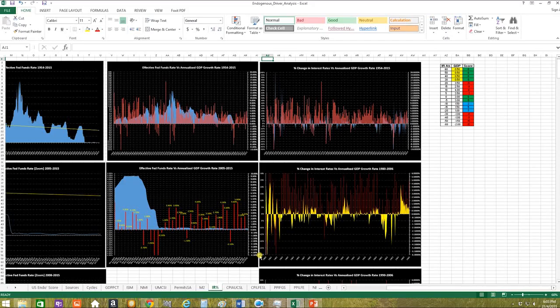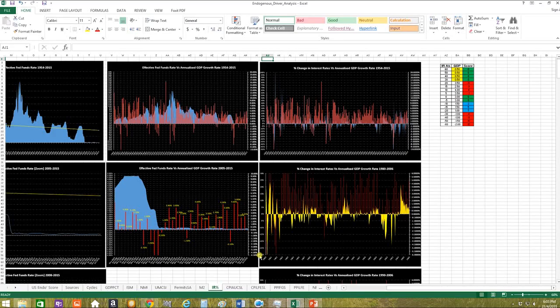So the magnitude, the percentage change is greater in the negative direction. And this is associated with significant or larger than normal GDP slowdowns. And the time lag is that the percentage change in interest rates to the downside moves after the GDP growth rate has begun to fall.